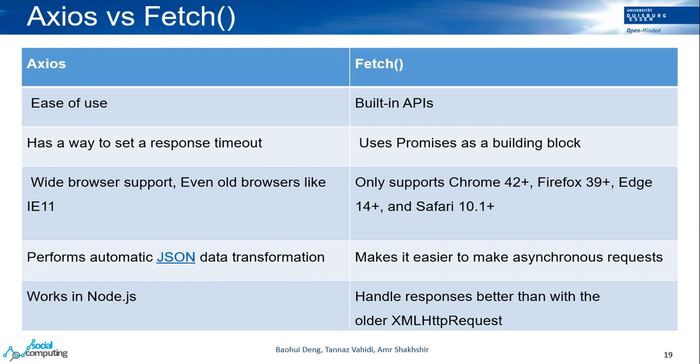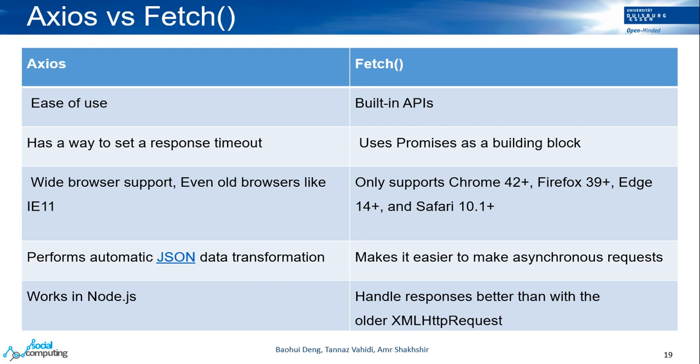Even old browsers like IE 11 can run Axios without any issue. The Fetch API, on the other hand, only supports Chrome 42 plus, Firefox 39 plus, Edge 14 plus, and Safari 10.1 plus.